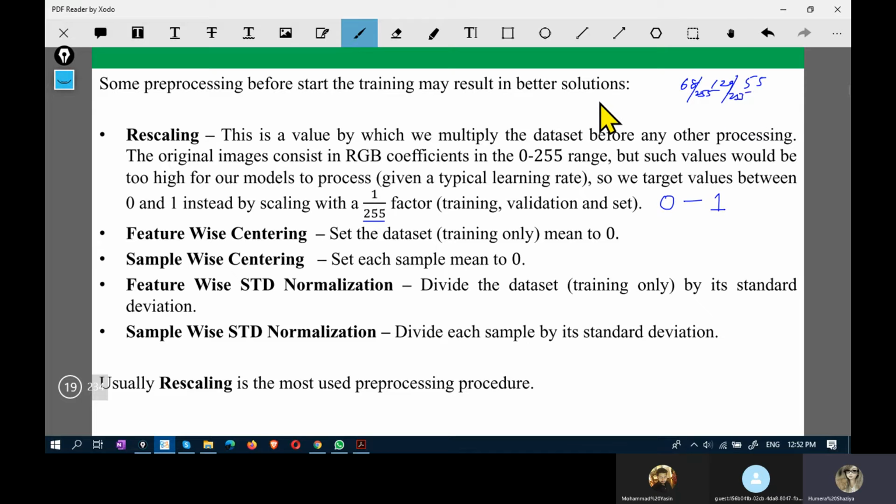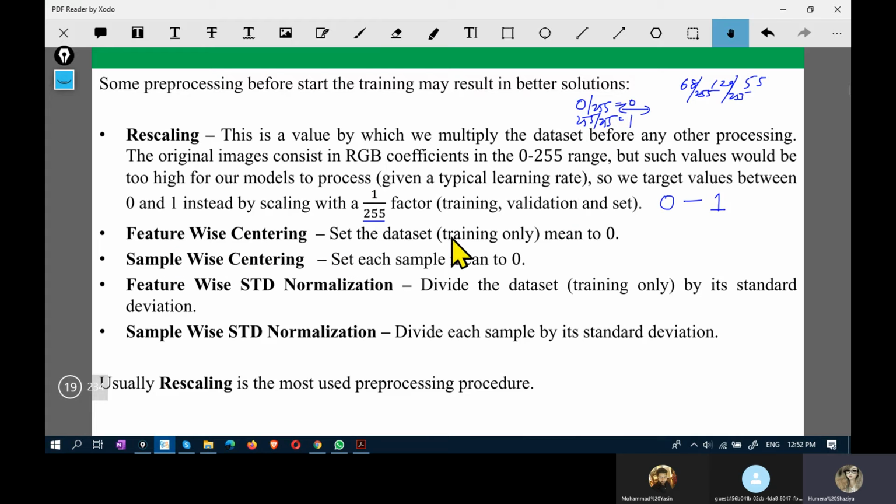If the pixel value is 0, 0 divided by 255 will be 0. If it is 255, 255 divided by 255 is equal to 1. So all the values come in between 0 and 1. That is known as rescaling.